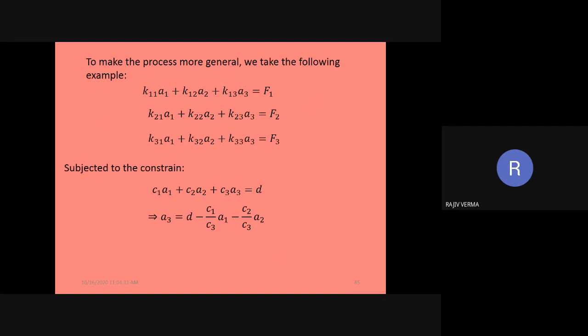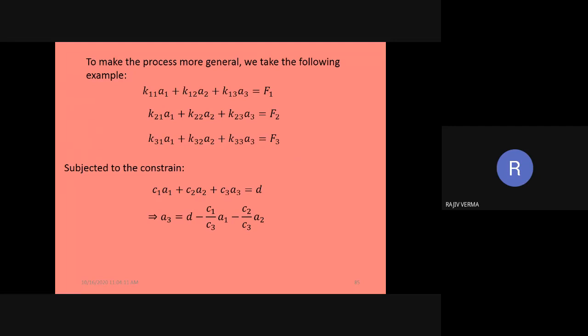So what we are going to do is that we are taking a general procedure. So we have 3 equations, as we had 3 equations earlier, and we have a fourth equation, that is the constraint equation, that is slightly modified to give you the value of A3.